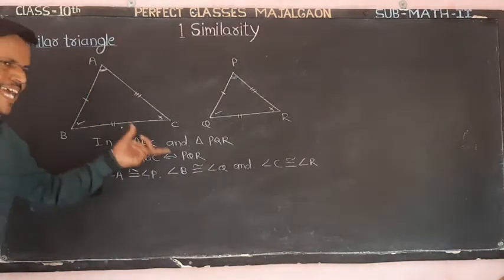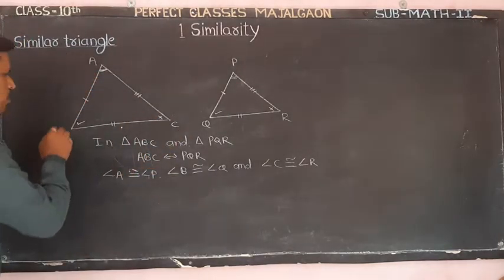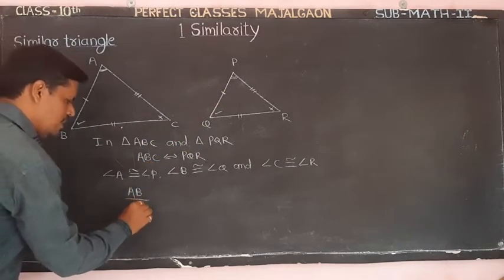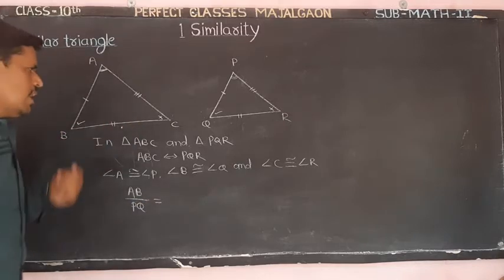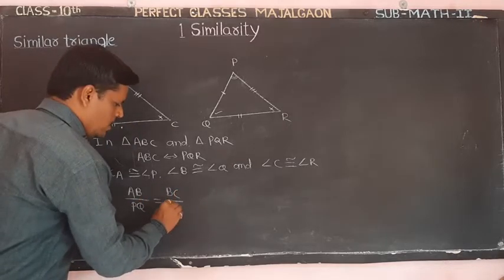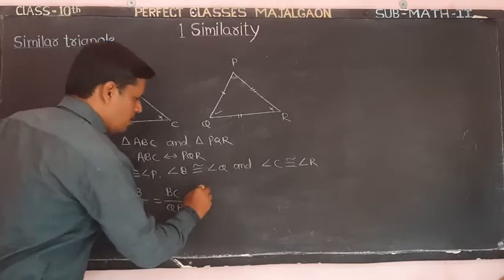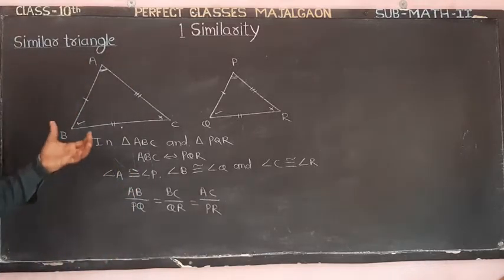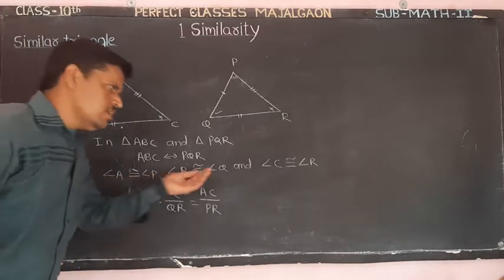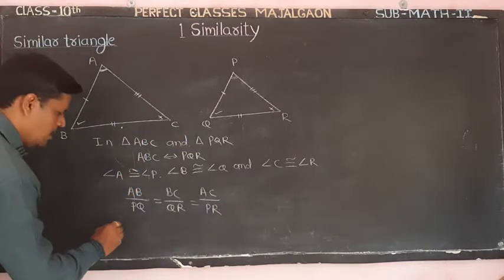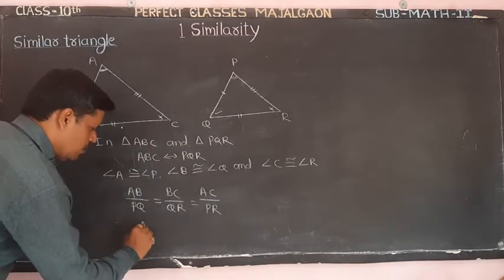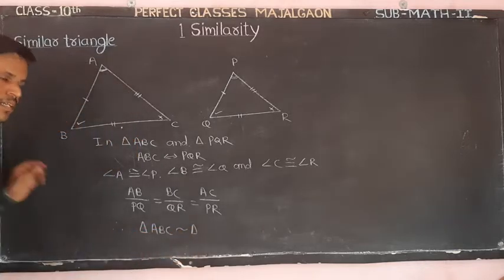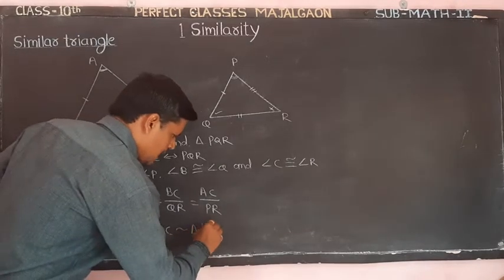Also the corresponding sides are in proportion. Which are the corresponding sides? The ratio of corresponding sides: AB upon PQ, BC upon QR, is equal to AC upon PR. When the corresponding sides are in proportion and the corresponding angles are congruent, the triangles are similar and they are denoted by this sign: triangle ABC is similar to triangle PQR.